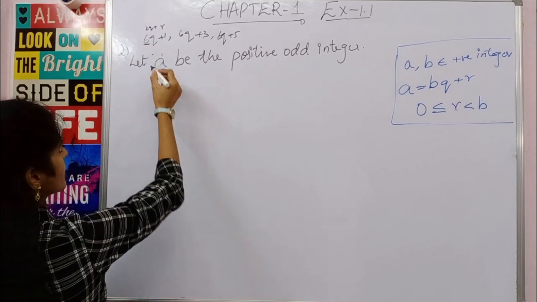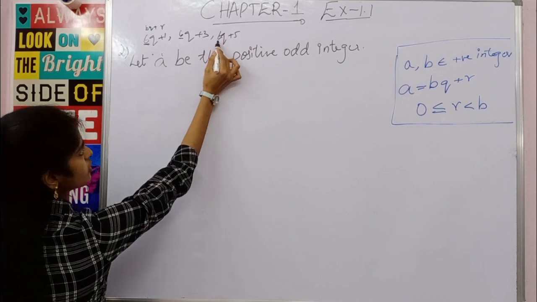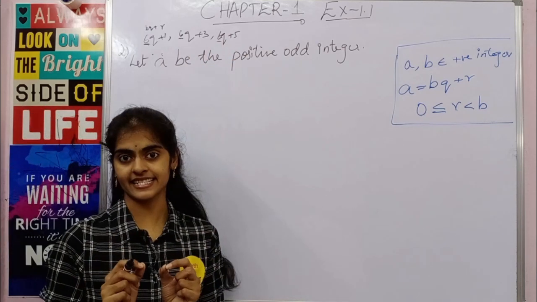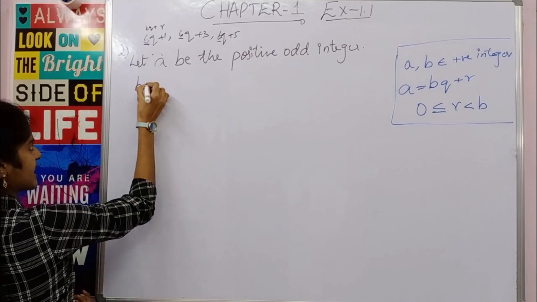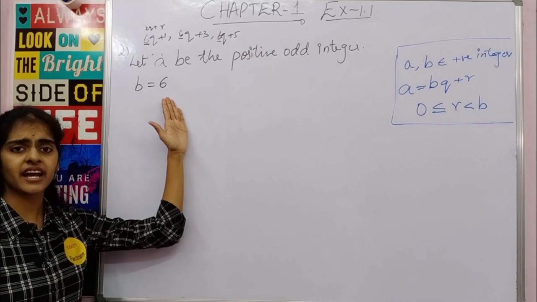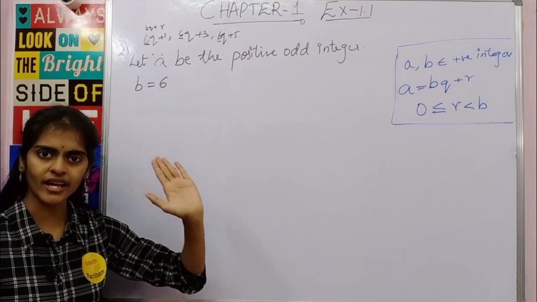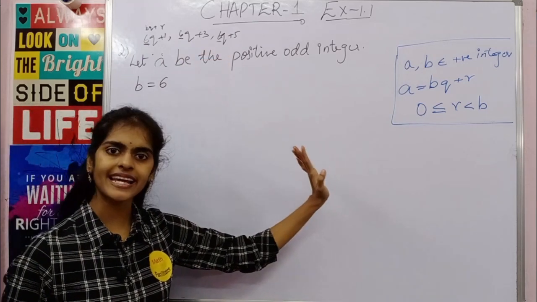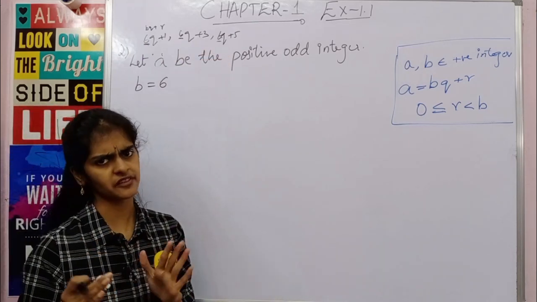Here B is 6, here also it is 6, here also it is 6. So in the place of B you have 6, and we will take B as 6. How did I take the B value? Just from the question. Always this B value depends on the question. We'll do another problem also, it will be very clear for you.